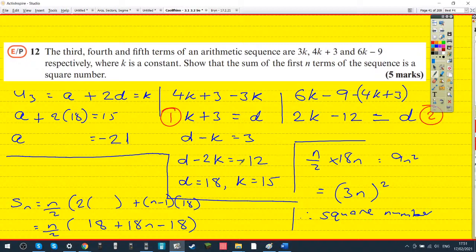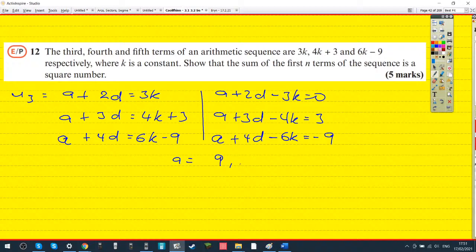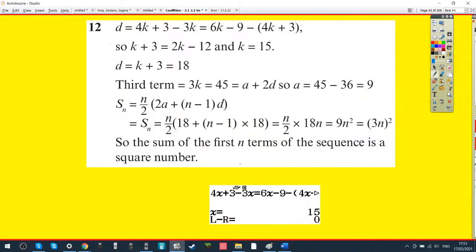We just went wrong somewhere with a minus sign, I think. We got A is minus 21. It should have been positive 9. The easiest way is 3 simultaneous equations. It is a square number. Yeah, 3n squared. So you have to put it in the form of something squared. Let's see, how did they do it?